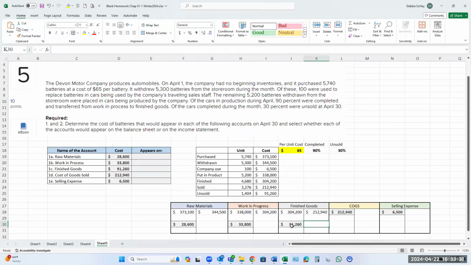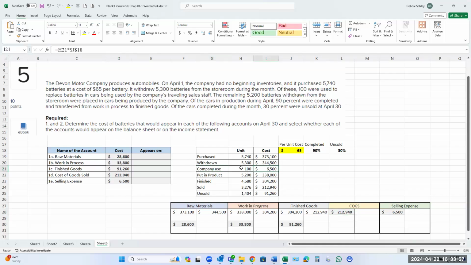And so that leaves me with a balance of 91,260. So therefore, my cost of goods sold is going to be that 212,940.